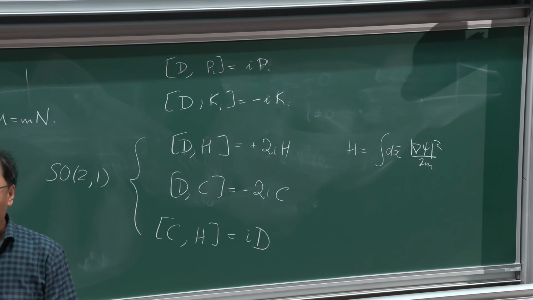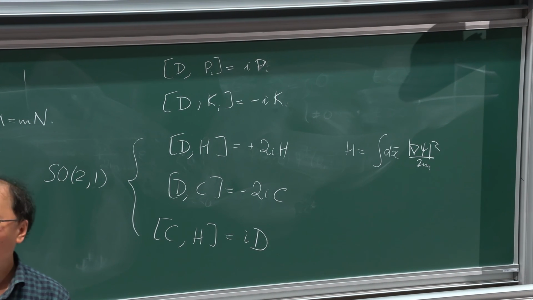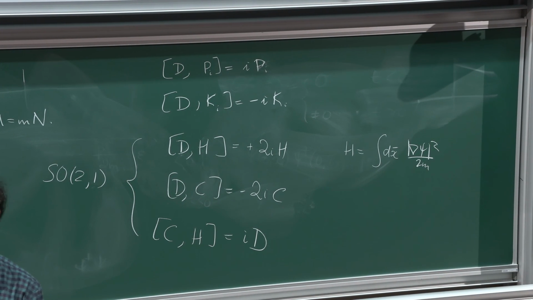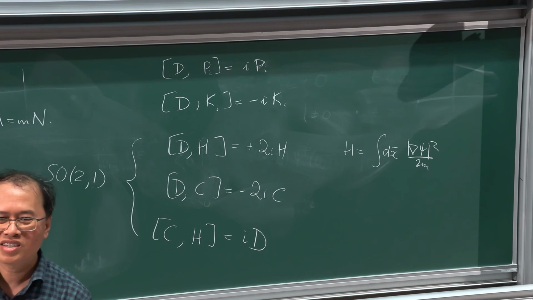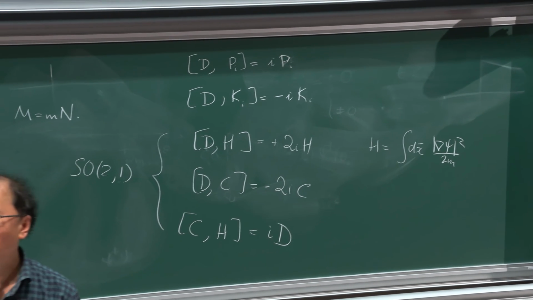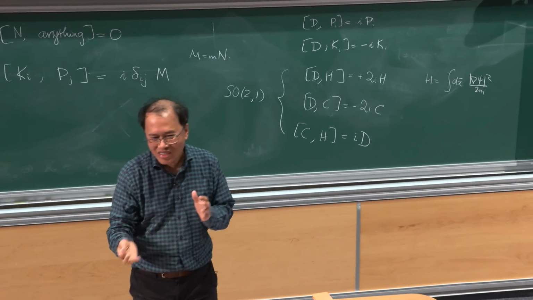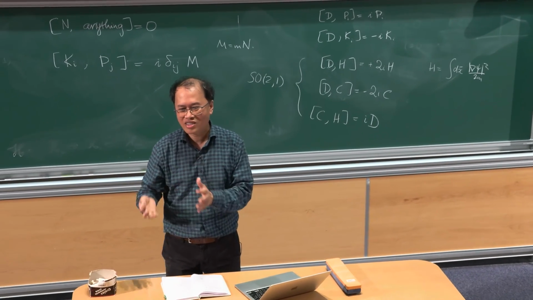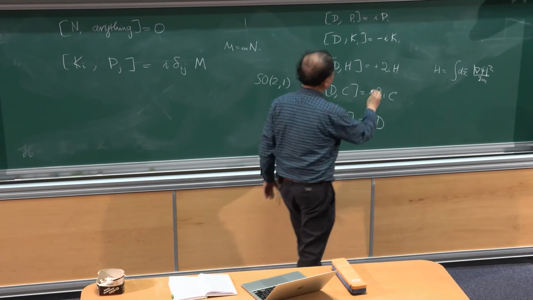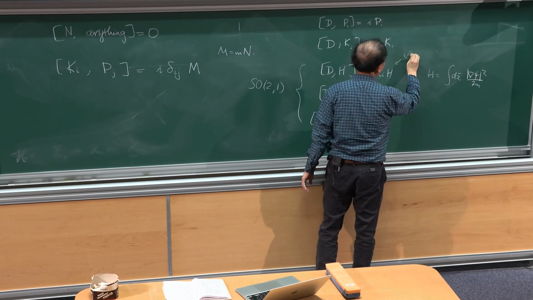Now the claim is that at the critical point, at the fixed point, the same thing holds: the commutator of the dilatation and the Hamiltonian must be the same. Just scale invariance: the commutator of D and H has to be equal to H. This is scale invariance.